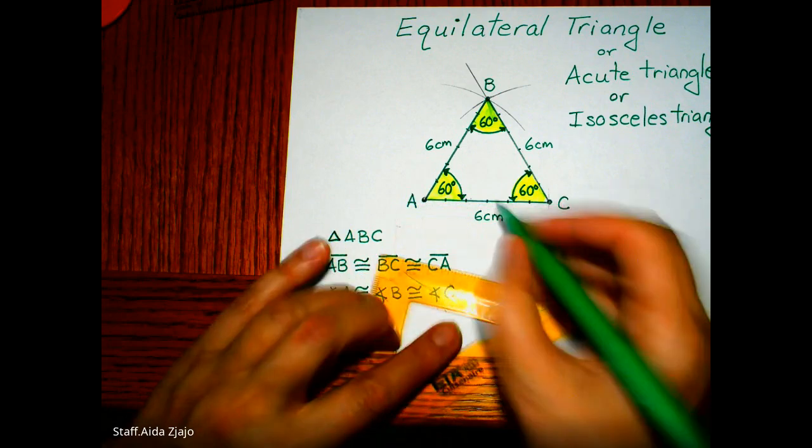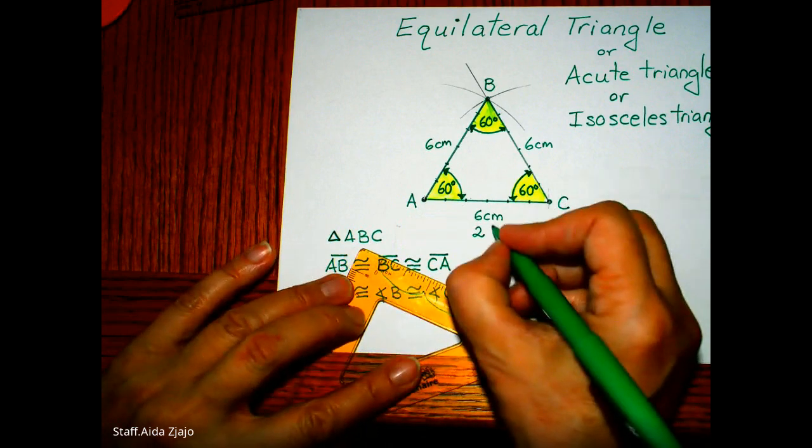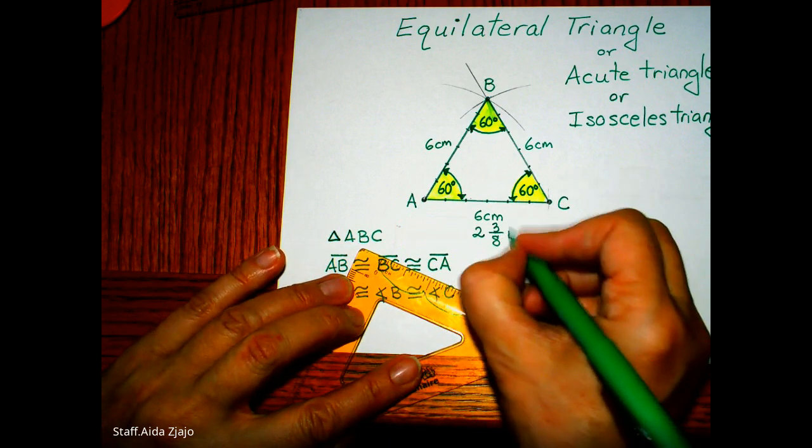So 6 centimeters we can see as 2 and 3/8 inches.